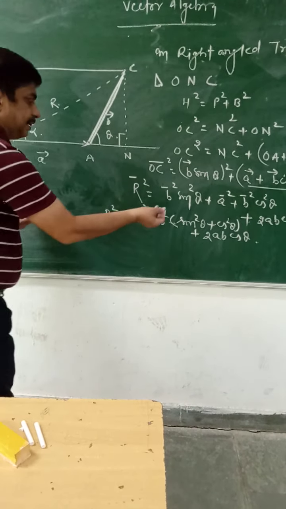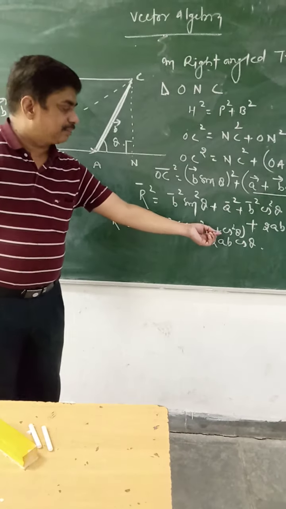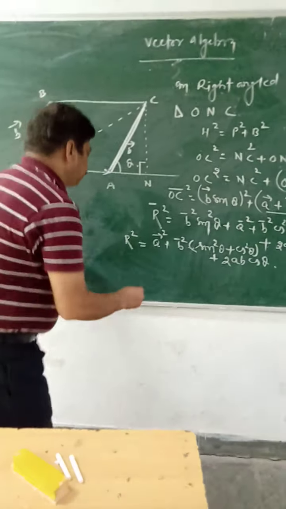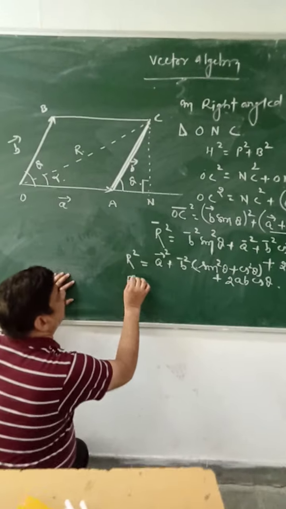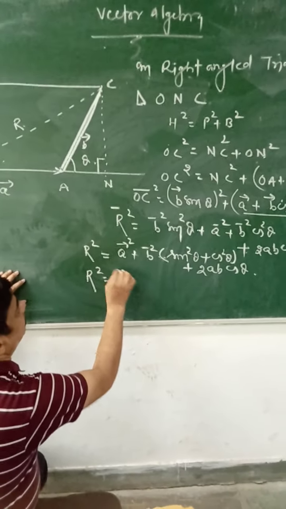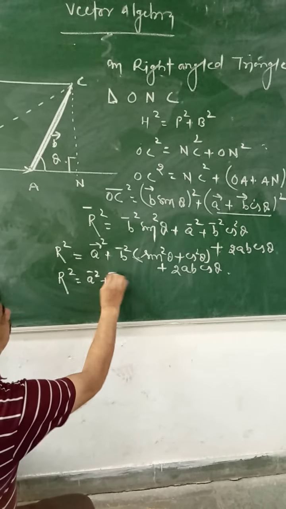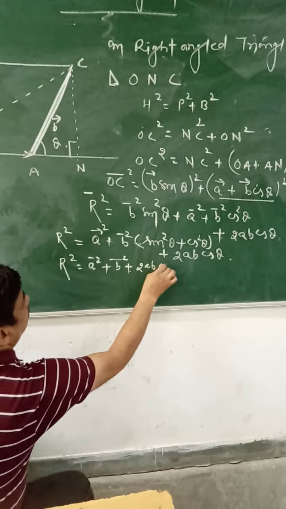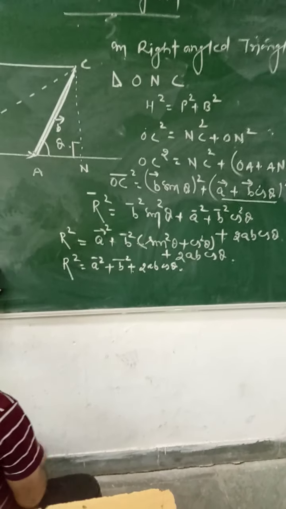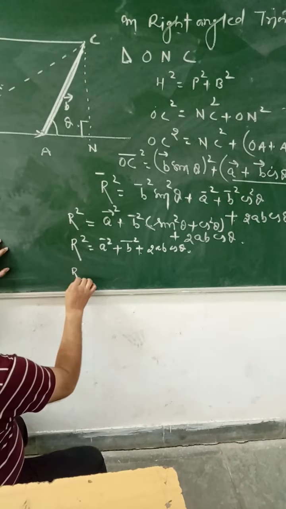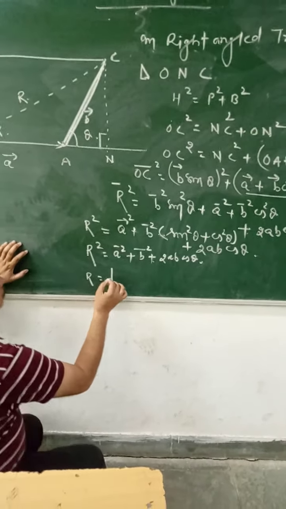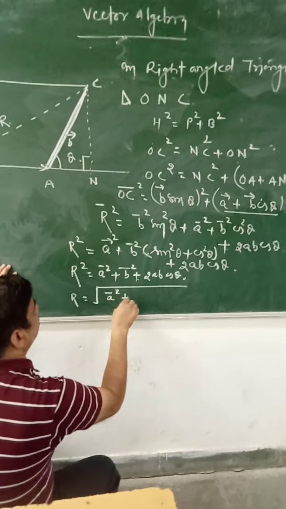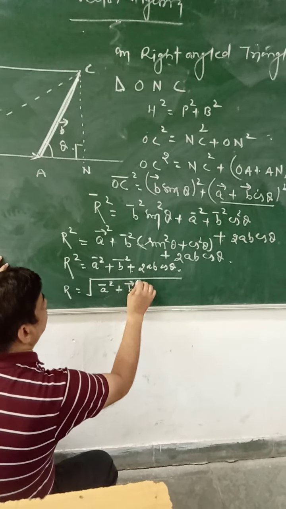As you know, sin square theta plus cos square theta is equal to 1. So finally R square is vector A square plus vector B square plus 2AB cos theta. So R is equal to root over vector A square plus vector B square plus 2AB cos theta.